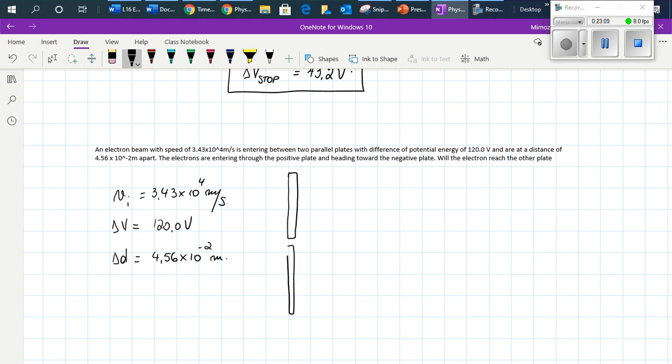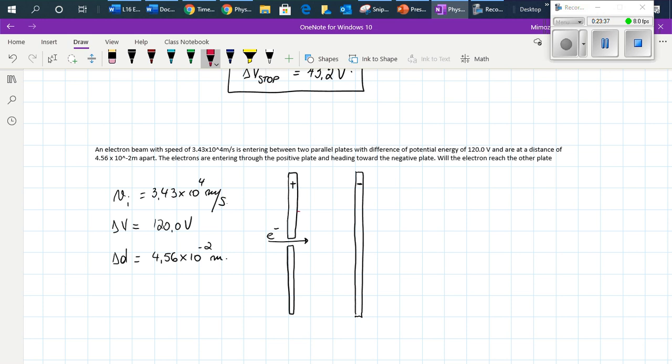In one of them, we have a hole through which we are able to insert some particles, and in this case, the particles that you are putting in are electrons. So the electrons are heading toward the negative plate and are going through the positive plate.